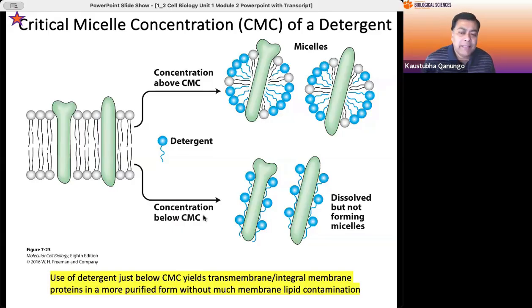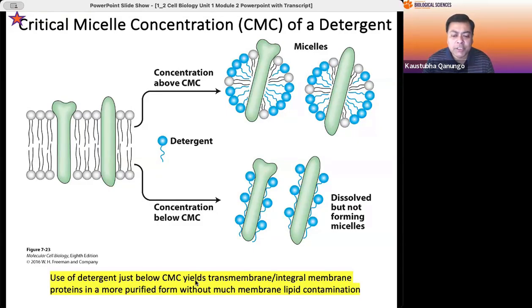Because if you have too much detergent, it actually forms micelles alongside the proteins. But some of the lipids are also contaminated in that, and you will not get the protein as purified as you want. But if you can extract the protein with a concentration below the critical micellar concentration, you can see that this is the protein, only the detergent is bound to that, and it is without any of the lipid and dissolved but not forming micelles. So this is the advantage of that.